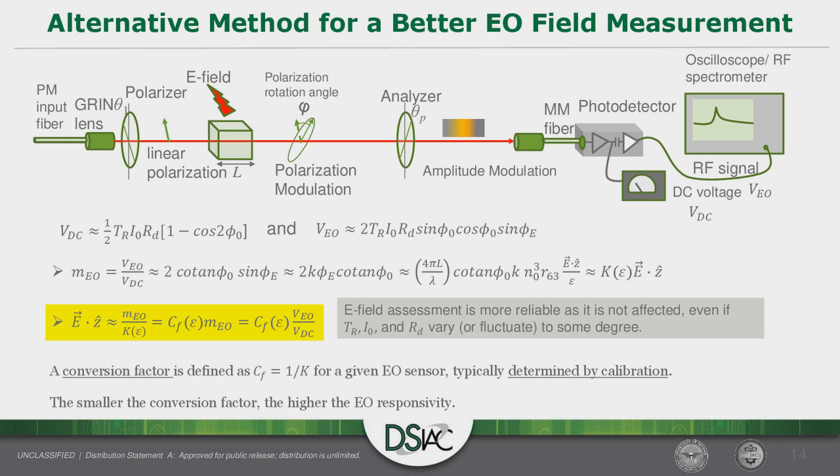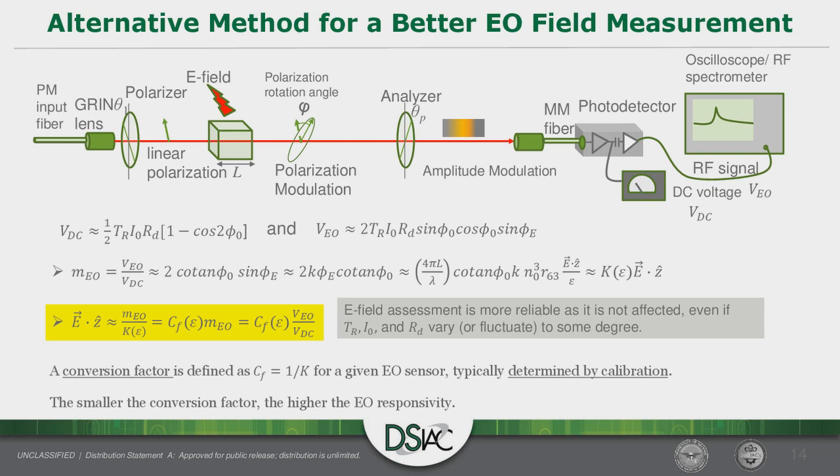So in that case, we measure both the DC power and the EO signal and measure the ratio between the two. M sub EO is V sub EO over V sub DC. We call this the EO modulation depth. Then it becomes proportional to the E field. Of course, there's a parameter that depends on the dielectric function.